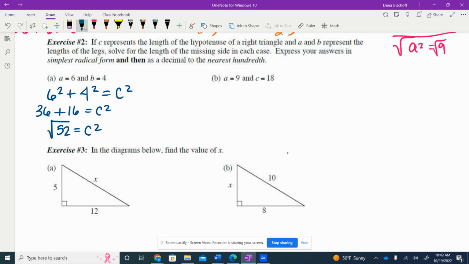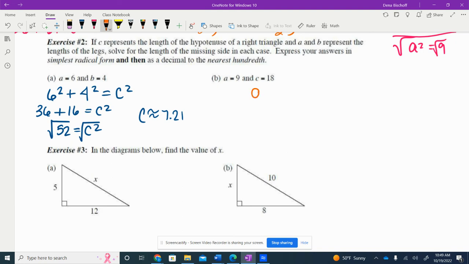I have to take the square root of both sides, so in your calculator, the square root button. Square root of 52. We're rounding our answer to the nearest hundredth, which means I need 2 decimal places to the right. So c is about 7.21.